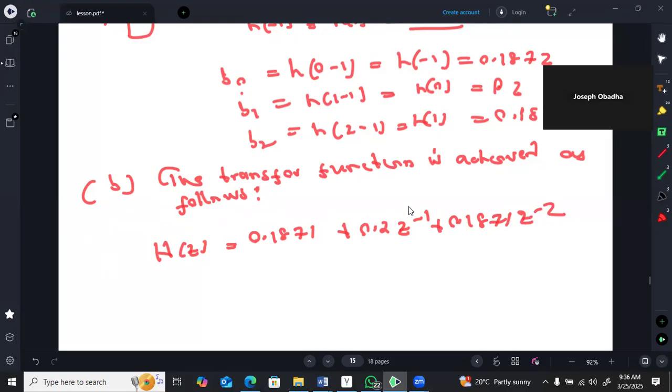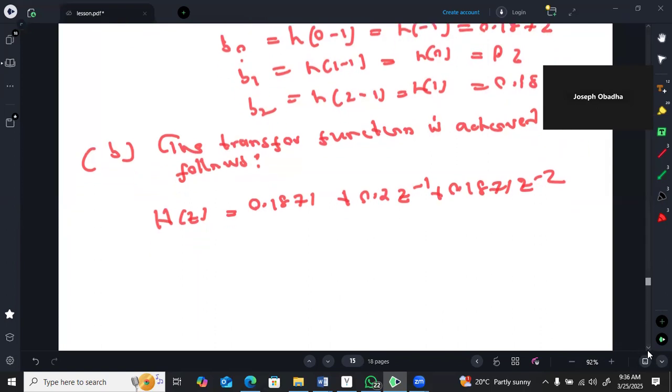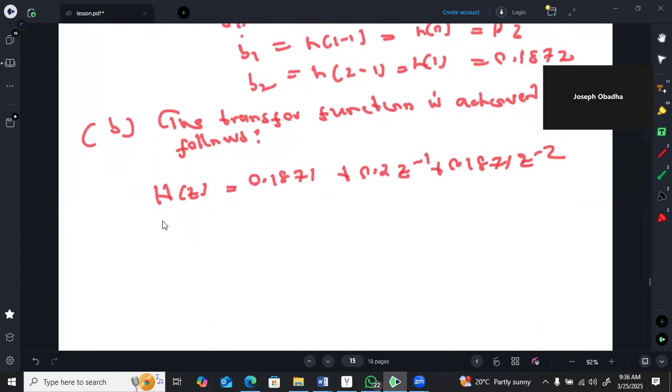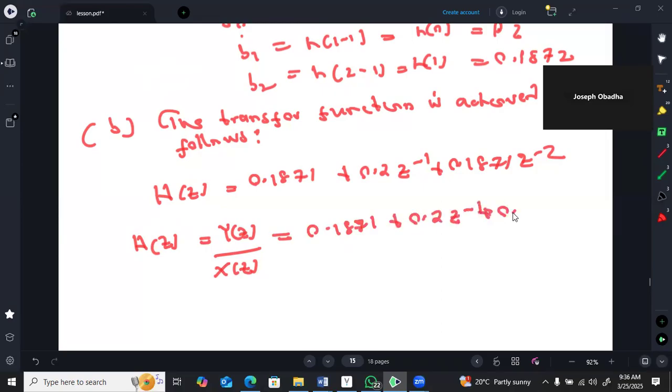And if I want to find the time domain function for this, you know that H of z is equal to Y of z over X of z, which is equal to 0.1871 plus 0.2 z to the minus 1 plus 0.1871 z to the minus 2.